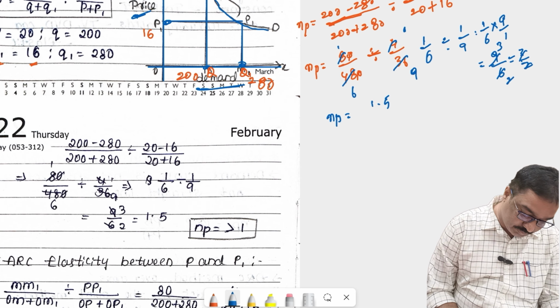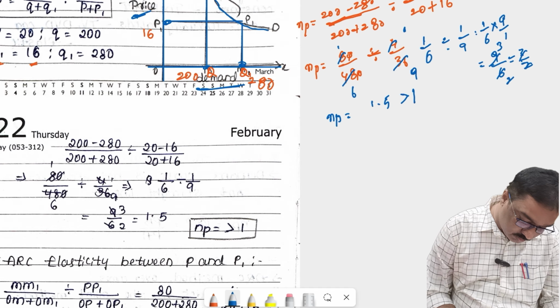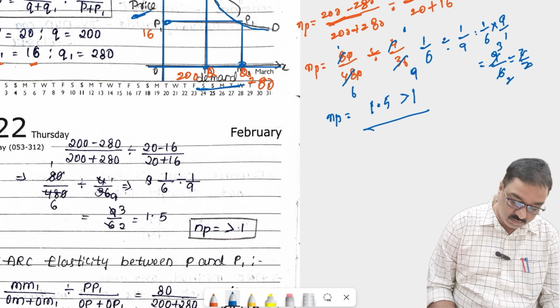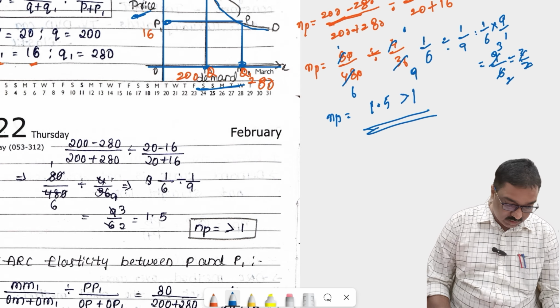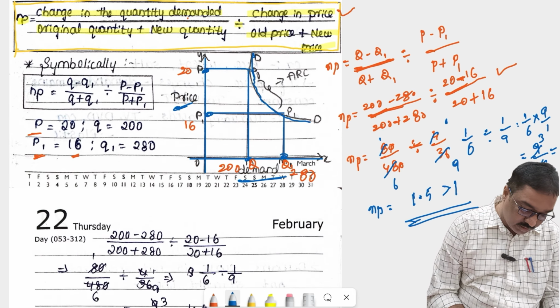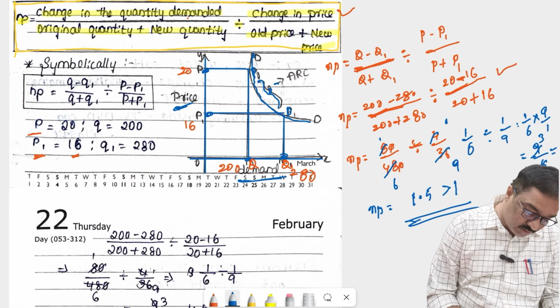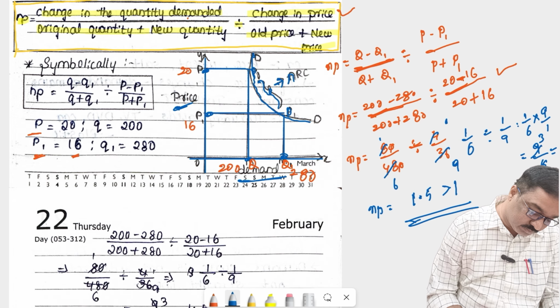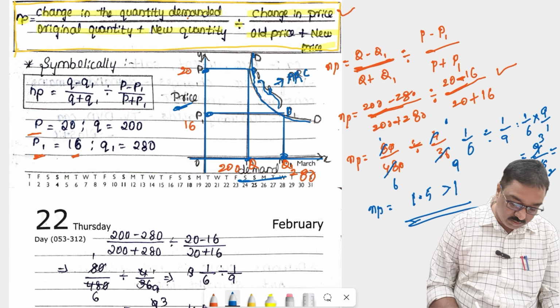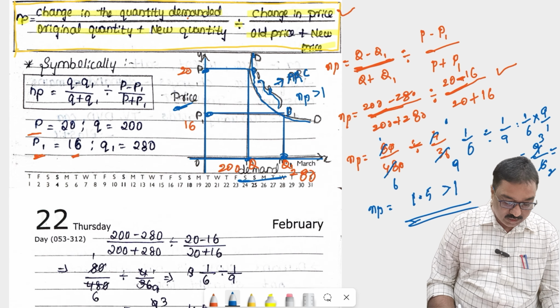It means it is greater than 1. 1.5 is nothing but greater than 1. Are you understanding that? Between the point P and P1, in this segment, the arc value of Ep is greater than 1.